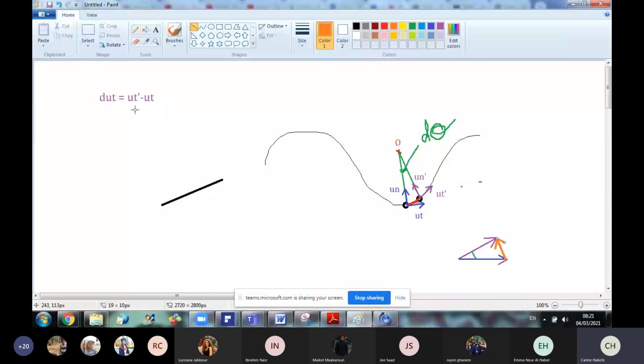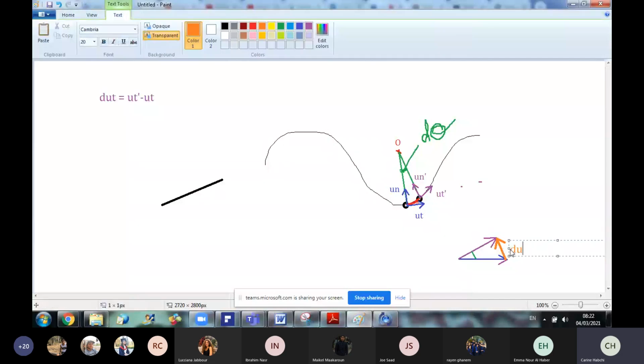So ut vector plus dut will give me ut prime, and you can verify this. In blue, you have ut plus dut giving vector ut prime. So this is my vector dut, the difference between ut prime and ut. Now, once I have drawn this triangle, this will allow me to find the properties of dut.